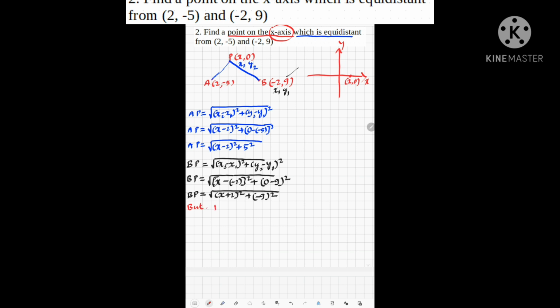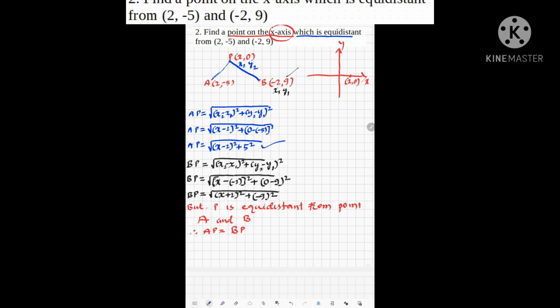But P is equidistant from point A and B. Therefore, AP is equal to BP. Let me write the AP value.